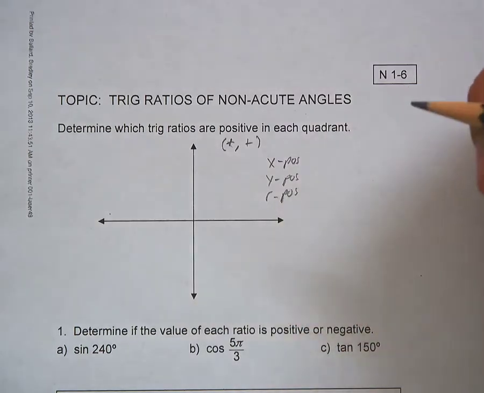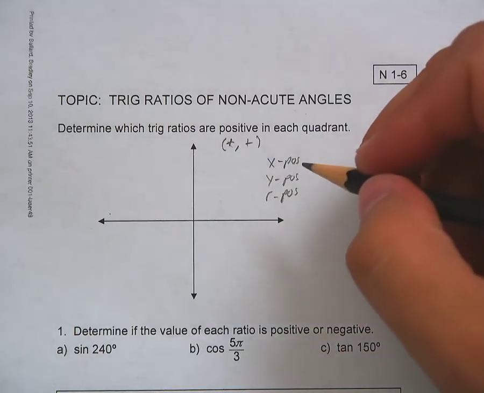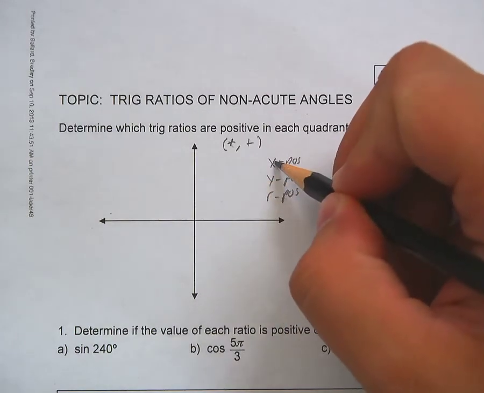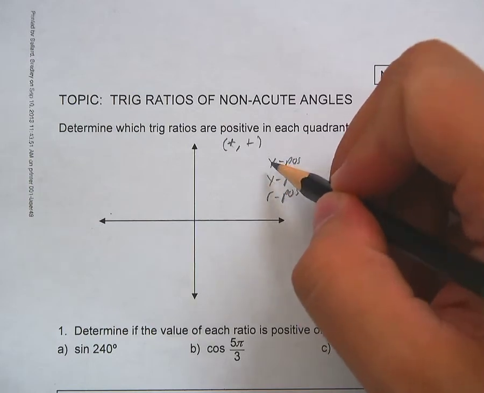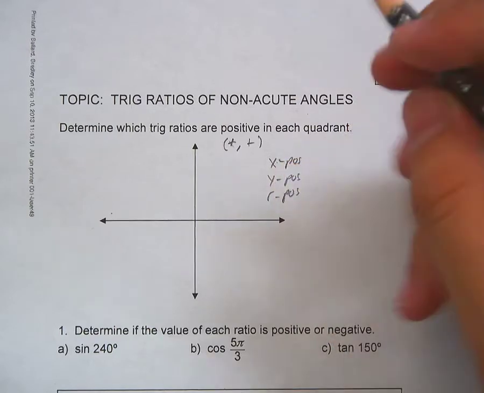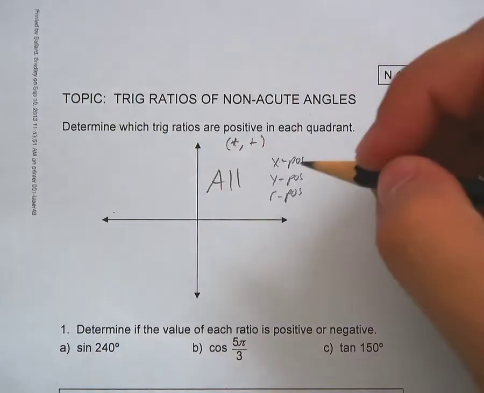Remember, r is always positive. So which ones are going to be positive up in here? Sine and cosecant all deal with your y value, positive up here. Cosine and secant deal with your x, all positive up here. Tangent is y over x, or x over y, which is positive over positive. Everything's positive up here, right?